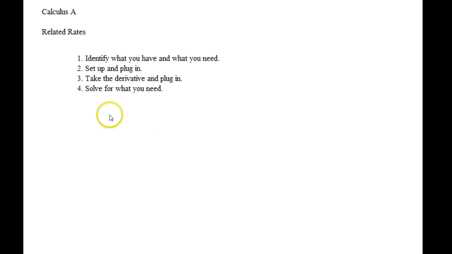Okay, so let's explain it a little bit more. So let's say we had this. Air is being pumped into a balloon, that should be two L's, at the rate of 10 cubic centimeters per minute.